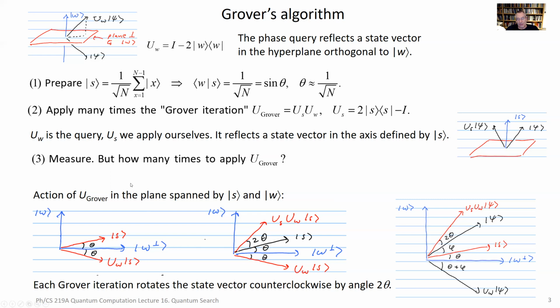So that's good. We're closer to having W than we were to start with, and we want to find that W when we finally measure at the end.